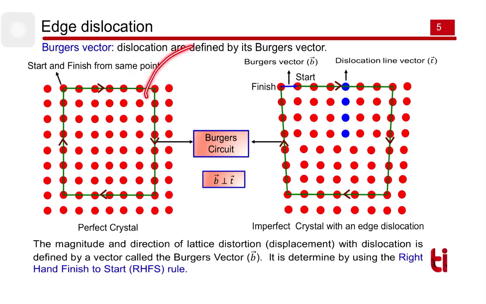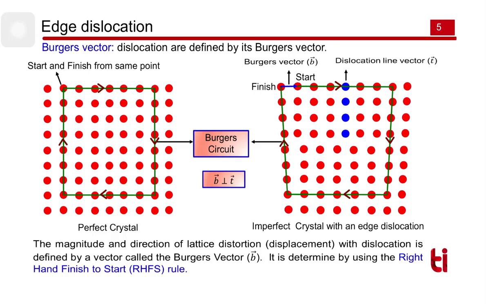Now what happens if a dislocation is present in a crystal? Again, if I start from this point and go several interatomic spacings towards right, then down, then left, and then come back, I am not reaching the same position from where I started.